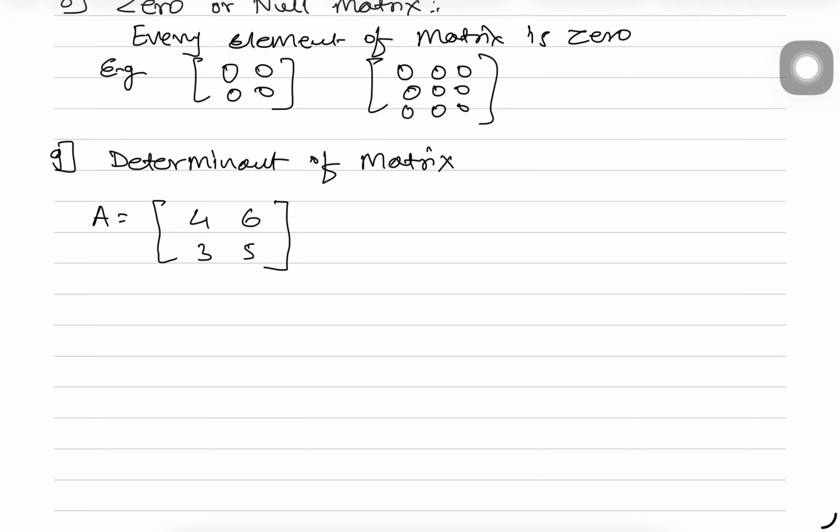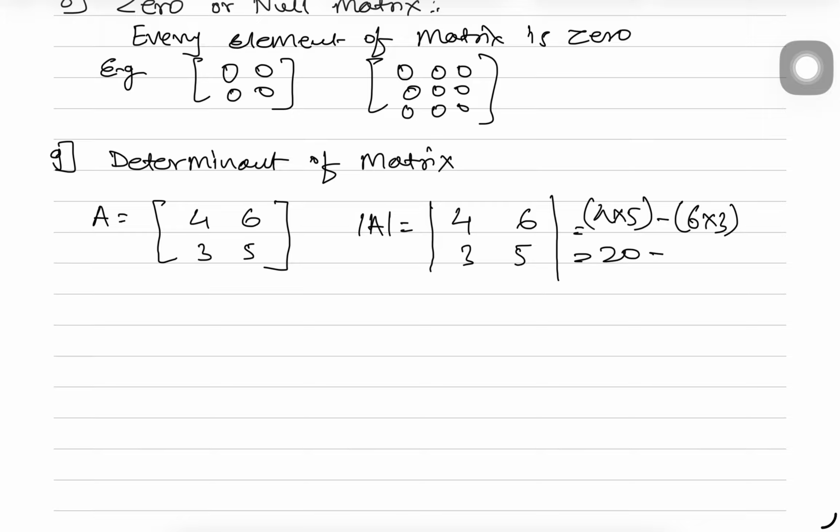Then we write the determinant sign around 4, 6, 3, 5 and find the determinant by cross multiplication. So this is 4 into 5 minus 6 into 3. So 20 minus 18, the answer is 2. So determinant of the matrix means valuation of the matrix. So the determinant of the matrix is 2.